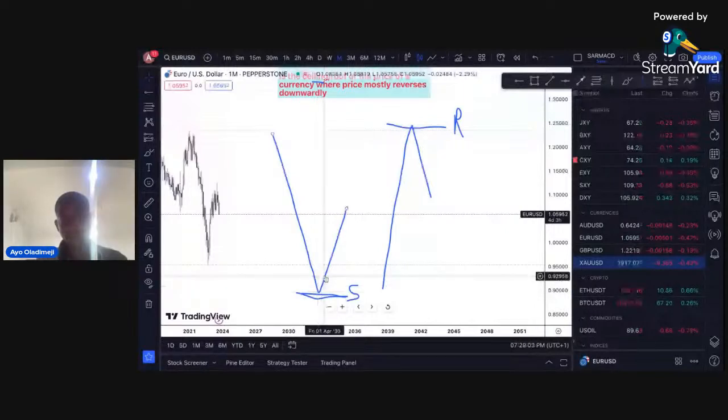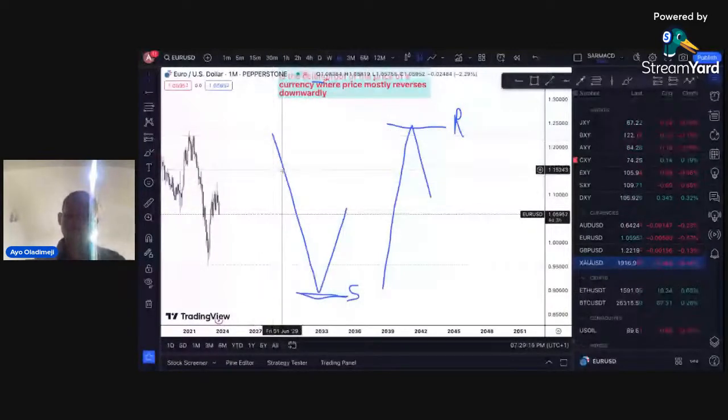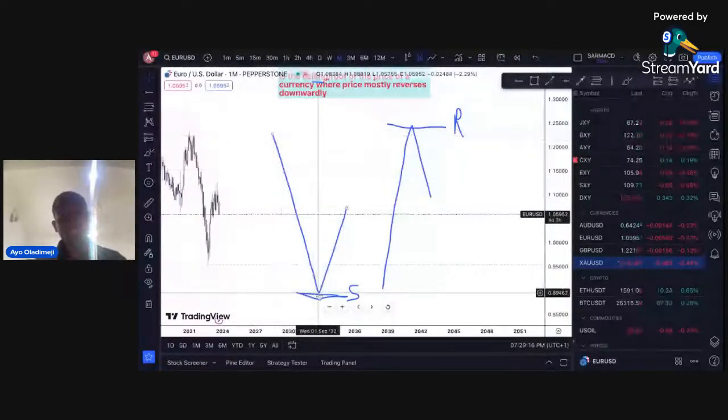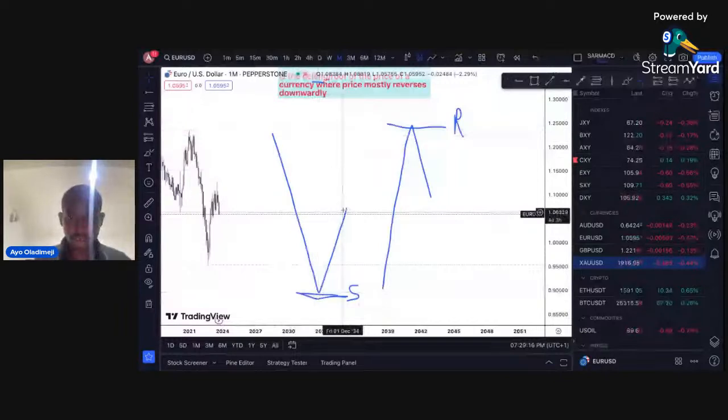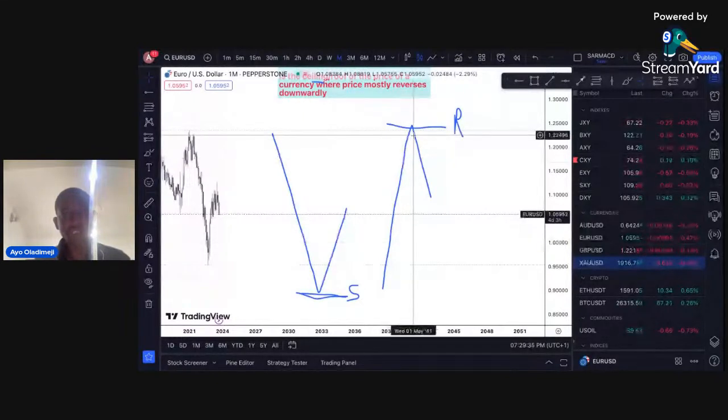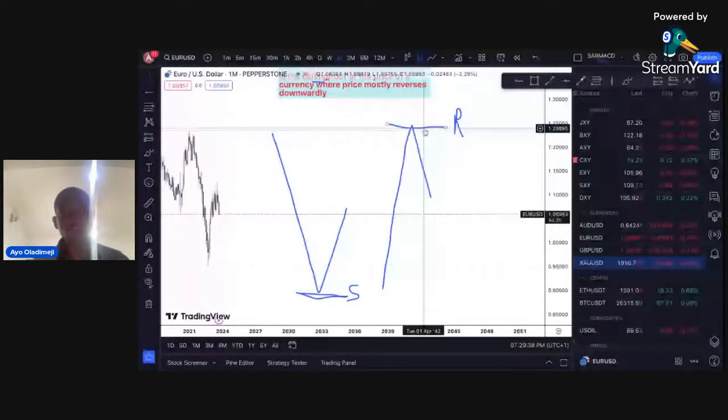For a resistance, price before it must have been going upward, and then it gets to the resistance, the ceiling or roof, and it's going to bounce, reverse and start coming down.